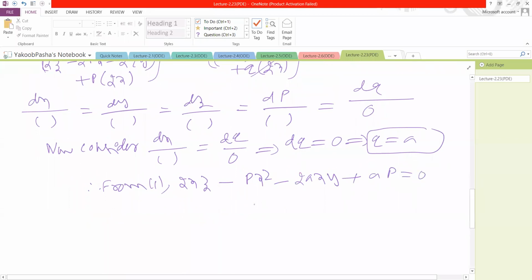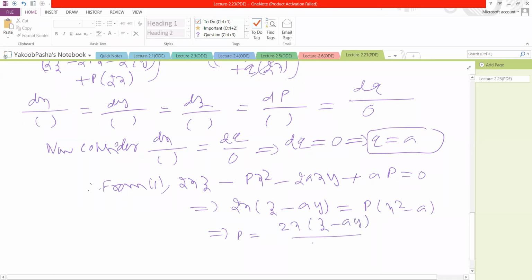From this we can write 2xz, or we can take 2x common here, so remaining z minus ay, and we can take p common, that is x square minus a. So p is equal to 2x into (z minus ay) by (x square minus a). This is the p value.